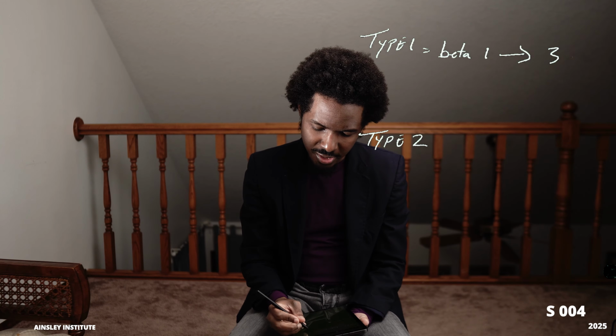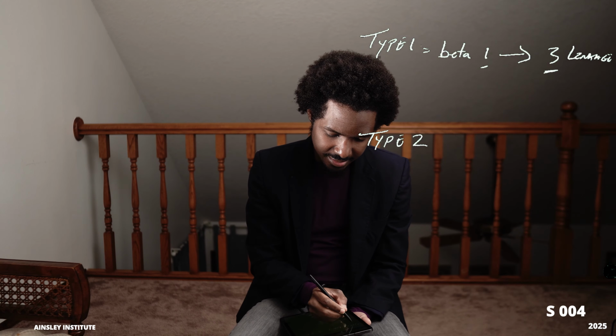So let us just put what we have stated. So we have type 1 and we have type 2. So type 1 is what we're talking about right at this very moment. So for type 1 we're gonna have beta 1, which is going to link to 3. So we have 3 linkages.